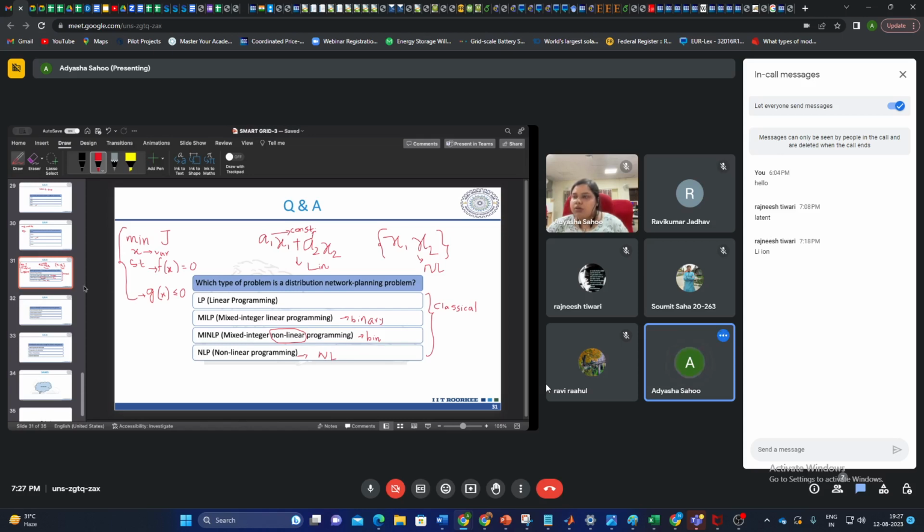So in the slide we saw that to model the battery we need binary variables, right? So our problem will always be a mixed integer type. Am I correct? Could you understand up to this? If you have any doubt, please ask me.